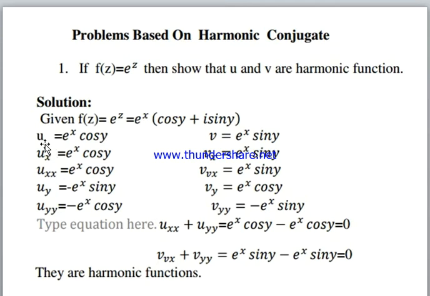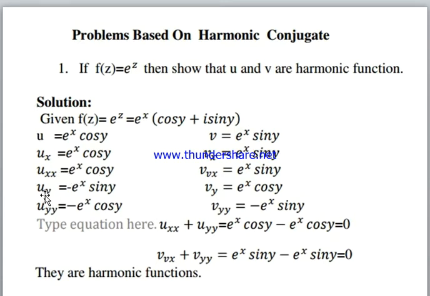So here the real part u is equal to e^x cos y, and the imaginary part v is equal to e^x sin y. For u = e^x cos y, the first order derivative with respect to x, ∂u/∂x, in symbolic form u_x, is e^x cos y, since the derivative of e^x is e^x and cos y is constant. The second order derivative, ∂²u/∂x², that is u_xx, is e^x cos y.